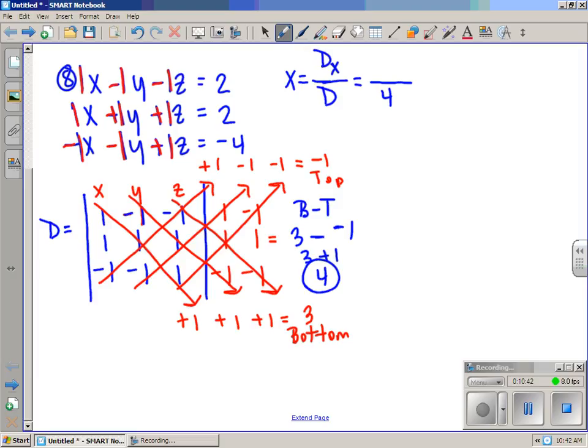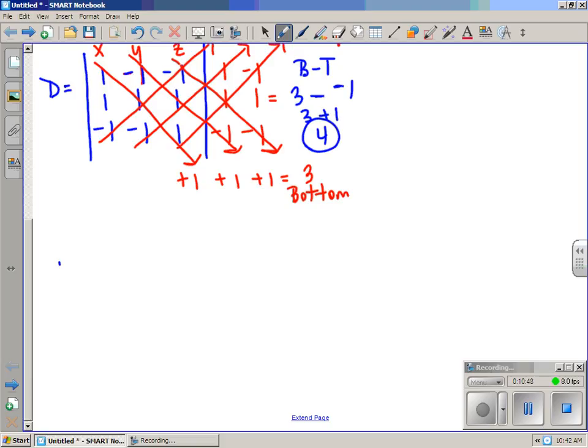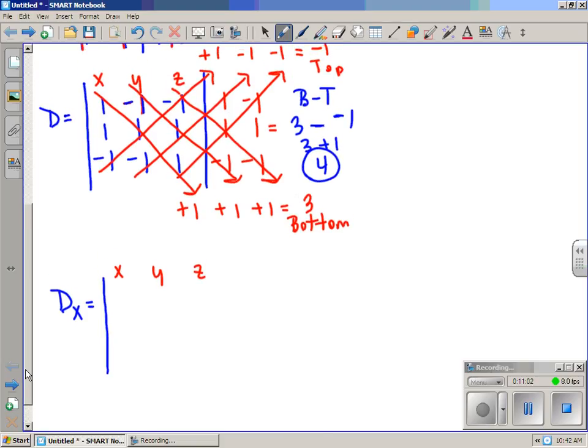We now need to find the numerator, the determinant of X. To find the determinant of X, it's very similar to finding the original determinant. First column's X, second column Y, third column Z. But what we're going to do is change one of the columns.